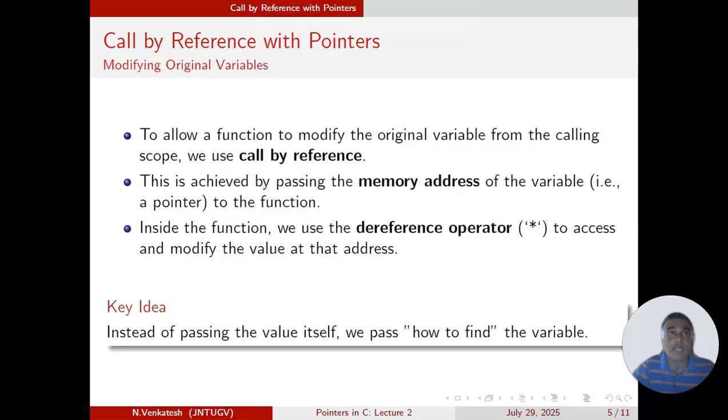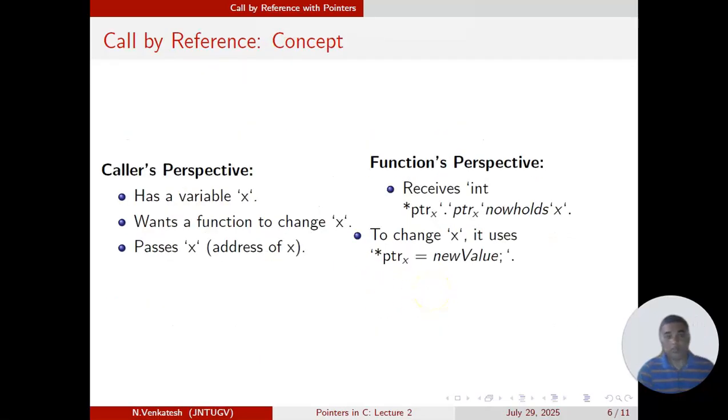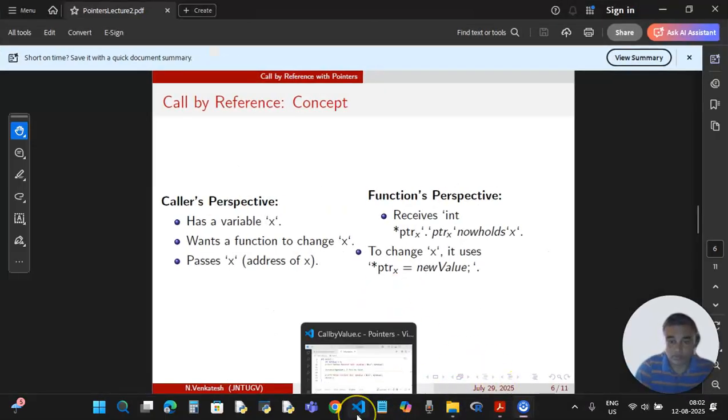And inside the function, as we know, to access the variable indirectly by using a pointer, we use dereferencing. So if we use the dereferencing operator, we can modify the value of that variable indirectly. Okay, so now we will see an example. See an example, after that we will discuss this.